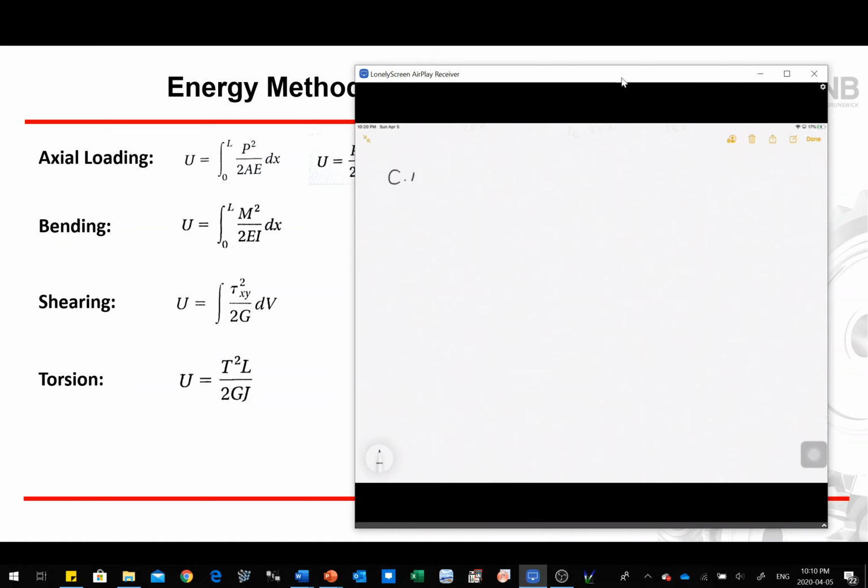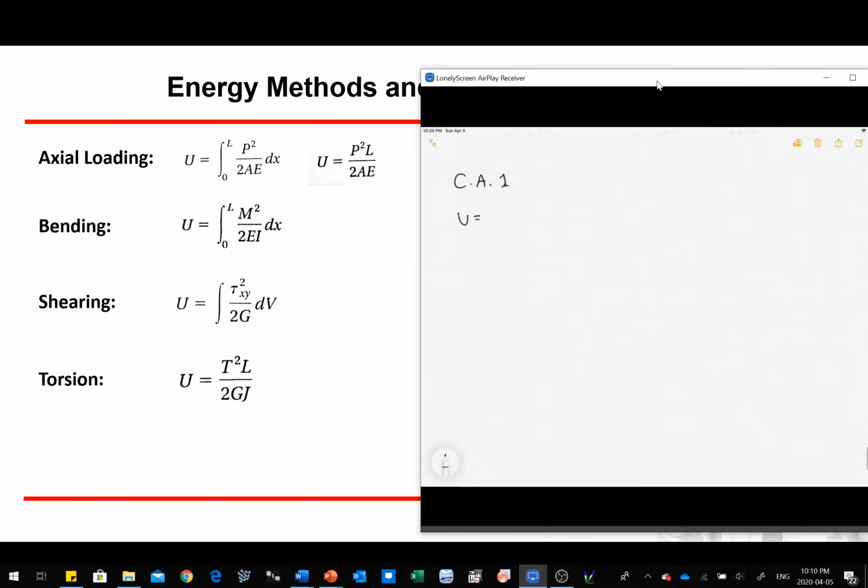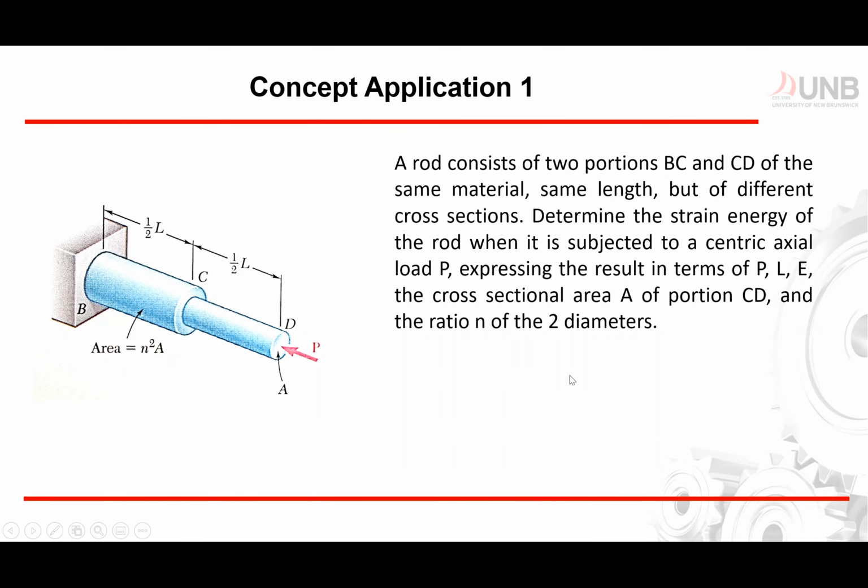Concept application 1. We're going to use the equation U is equal to P squared L divided by 2AE. Next slide. Now we have two sections, BC and CD.